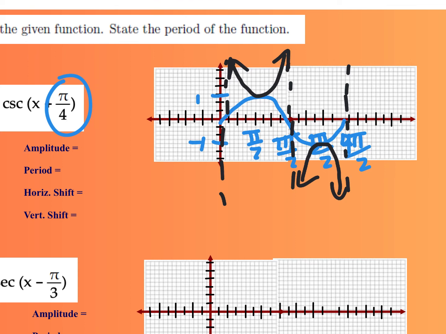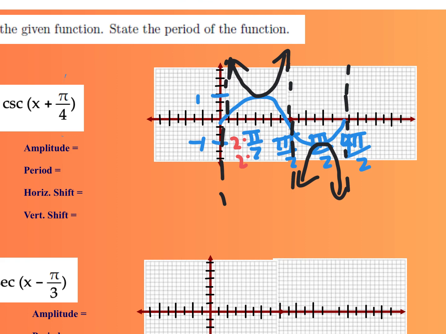It has to move left, because it says plus pi over 4. Pi over 4 would be the same as, well, if I wanted to make all of mine into pi over 4s, I could do that. It'd be like times 2 times 2. That's like 2 pi over 4s.